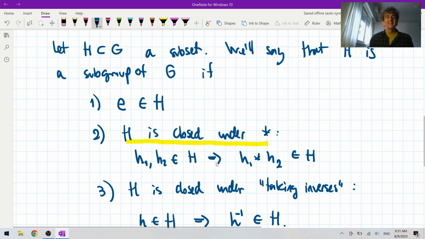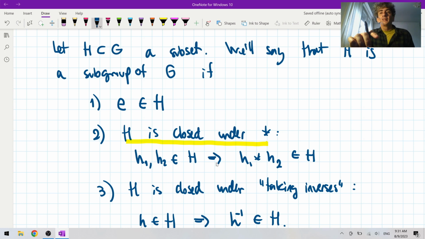Okay, so that's what a subgroup is. It's not any subset. It's a subset that needs to fulfill certain compatibility conditions with respect to the group operation. We're going to take a look at a very specific kind of subgroup, and we're going to restrict ourselves to multiplicative notation, which simply simplifies the notation for star.